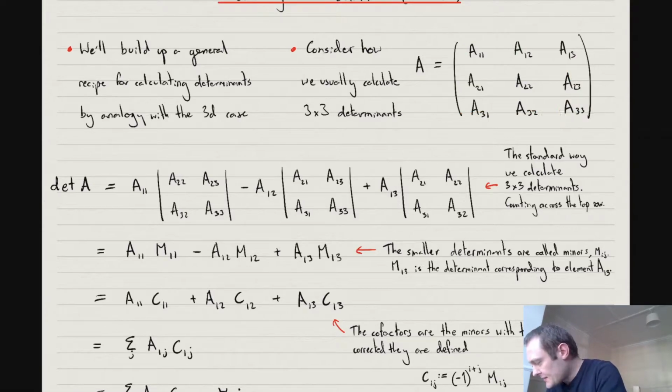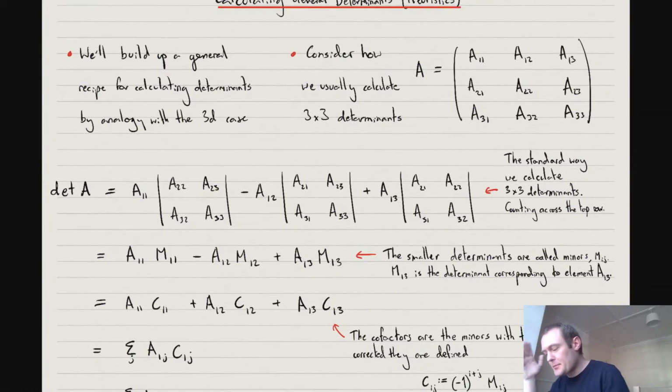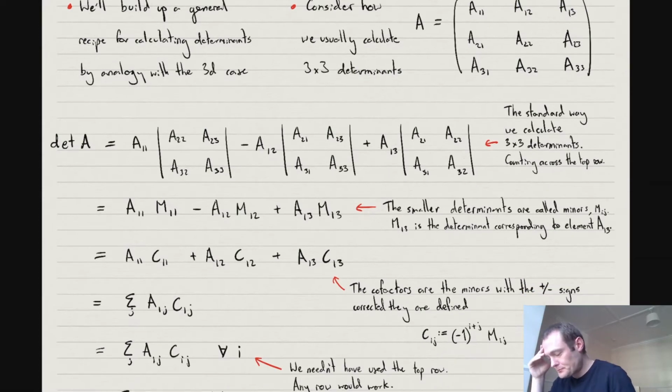And so the minor is a determinant, not a matrix, formed from the opposite side of the matrix to the element that the minor is referring to. So that's these M11, M12, M13. Those are the minors, and you're used to calculating them already, but maybe you didn't realize that you could have a minor for any element, not just the top row in the matrix.